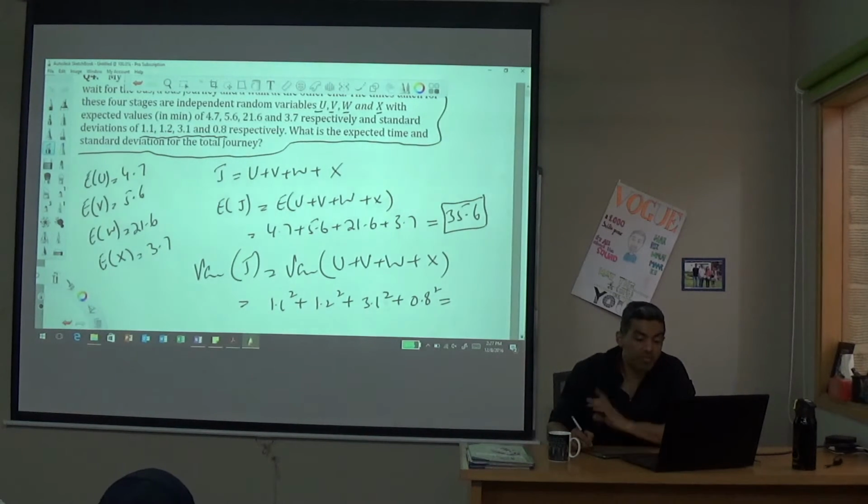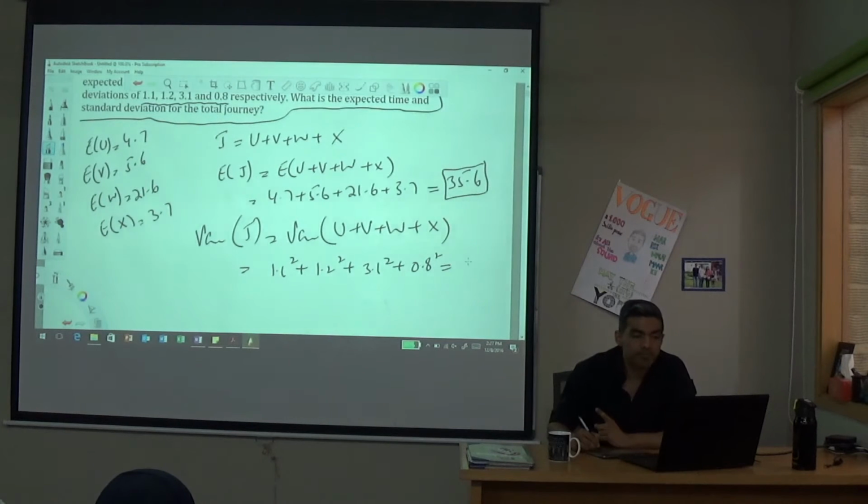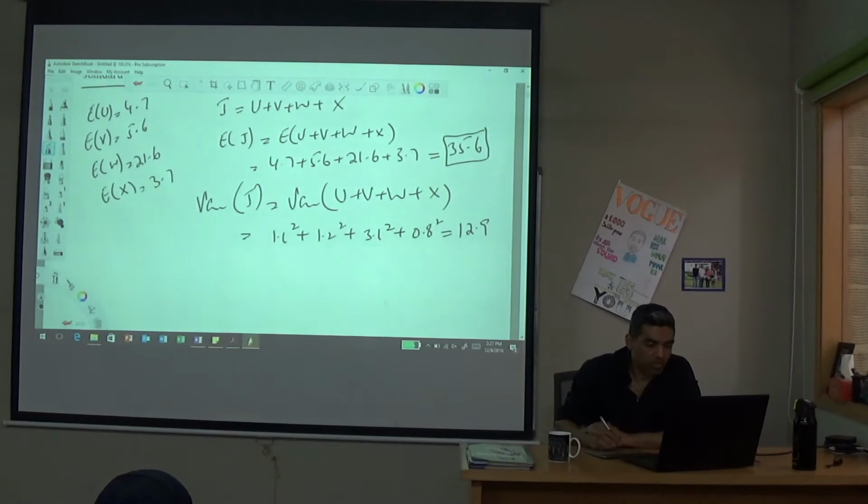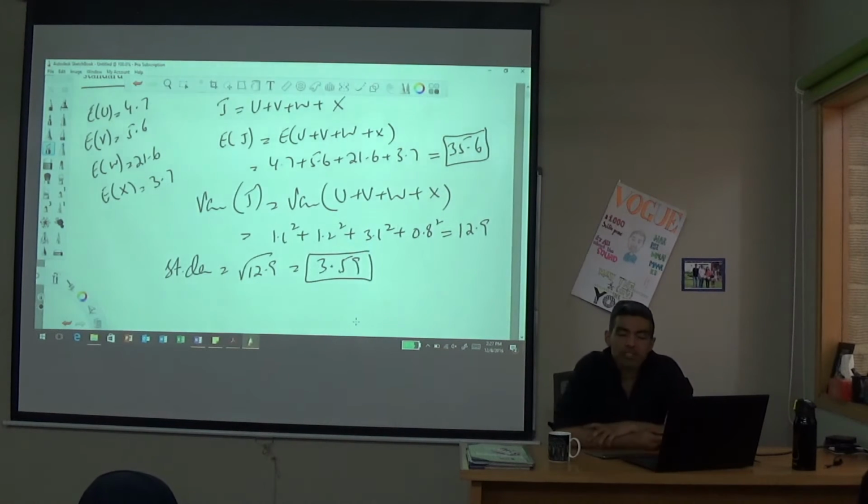That will give us the overall variance, which is 12.9. So the standard deviation would be the root of 12.9, which is 3.59.